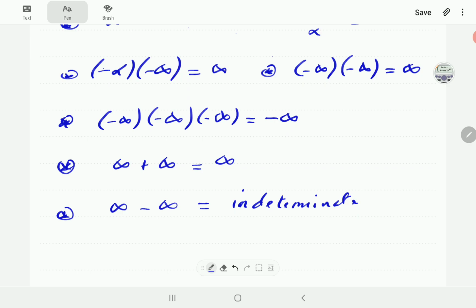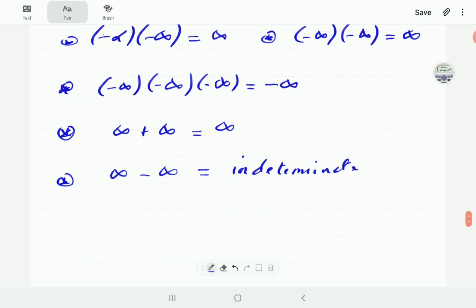Remember we've already met indeterminate forms, as in 0 over 0, and we said indeterminate means it's something that needs further analysis. So here infinity minus infinity could be 0, but it's not necessarily 0.